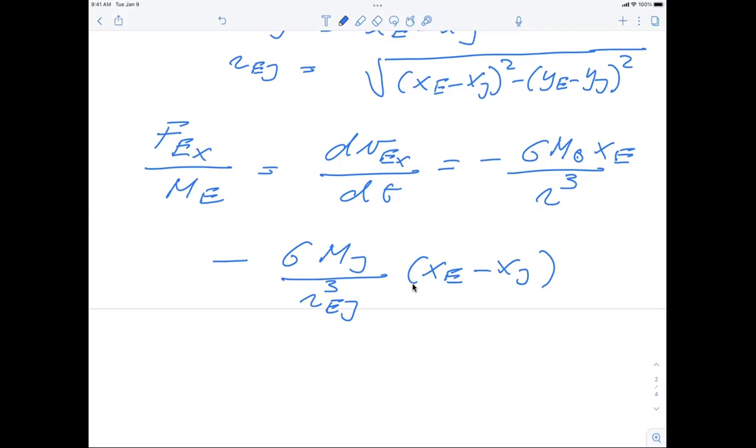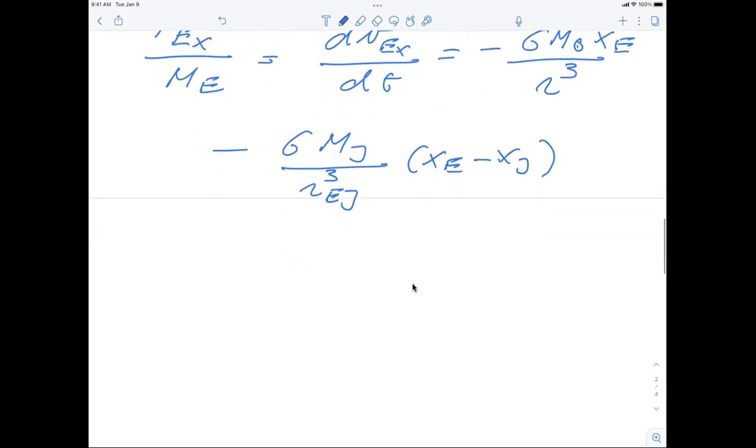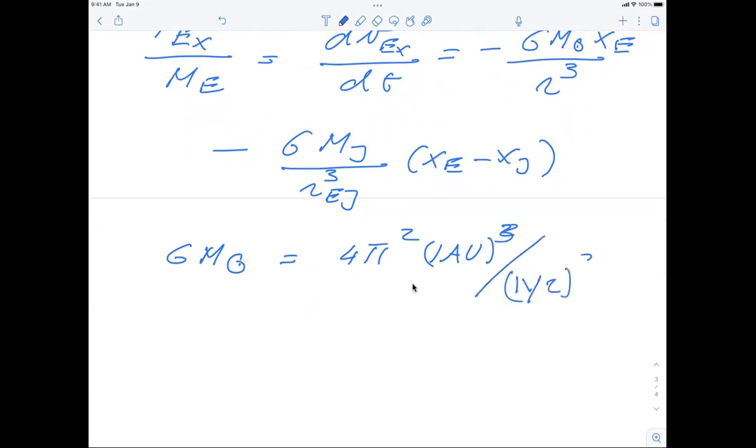Now, one of the things which we did in homework 5 was that we introduced astronomical units. So we changed G times the mass of the sun to be equal to 4 pi squared, in terms of 1 astronomical unit cubed divided by 1 year squared.